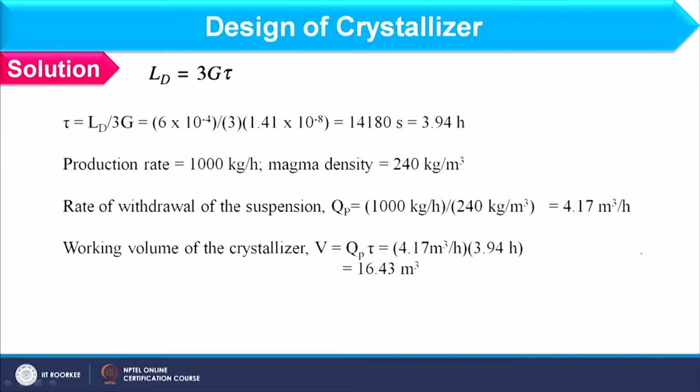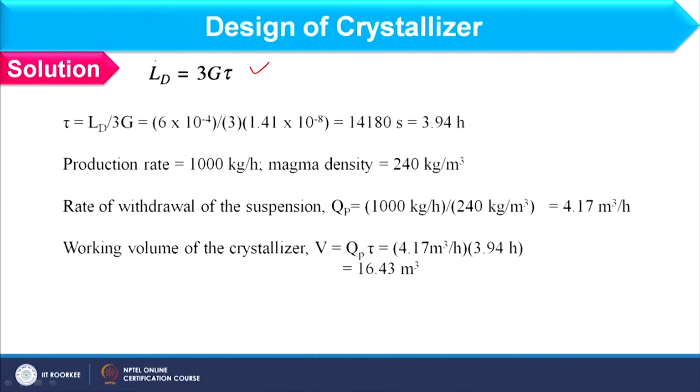Now, once we have the growth rate, we can relate growth rate and residence time to the size of the crystal using the expression LD equal to 3G tau. LD is basically the size of the crystal, that is 0.6 mm, and the growth rate G we have already obtained.